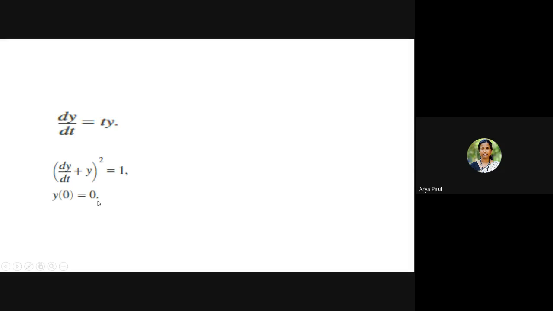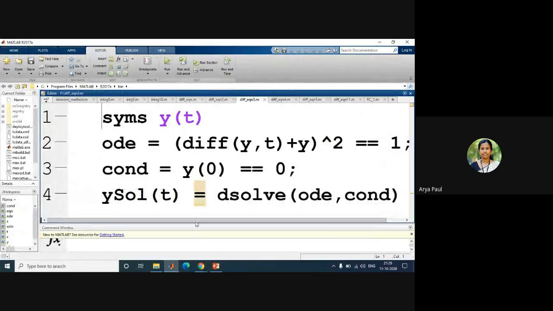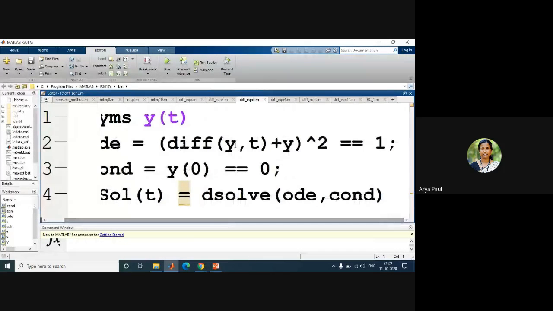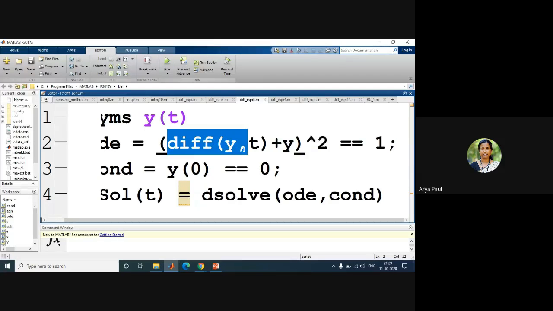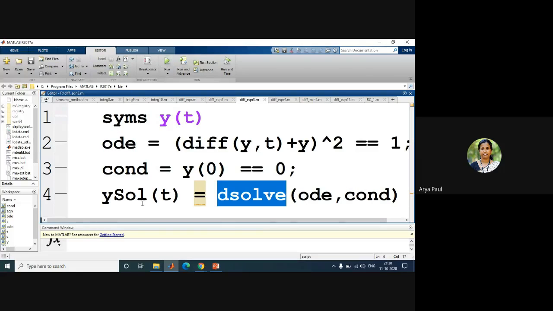So I am writing this equation as such, dy by dt plus y the whole square, which means dy by dt plus y raised to 2, equal to 1. You have put the initial condition also. You are solving it using dsolve. Now we are going to run that.